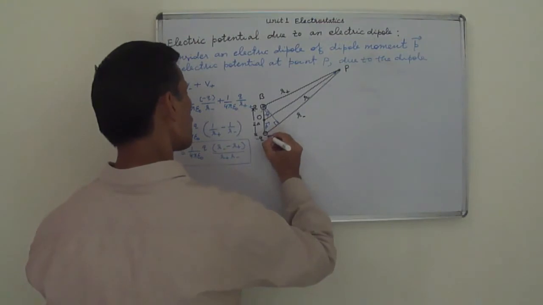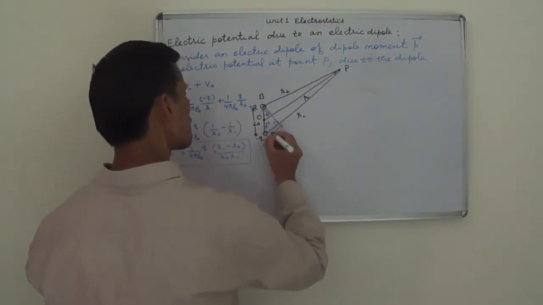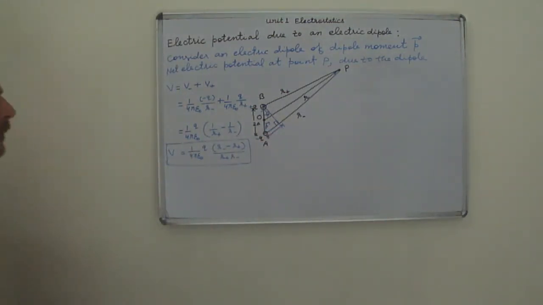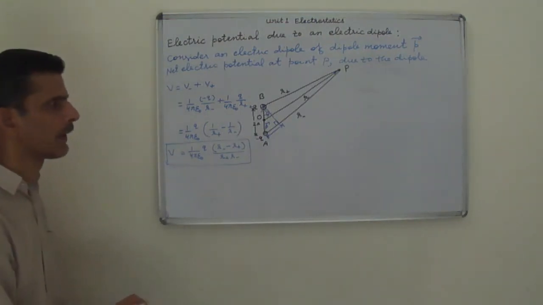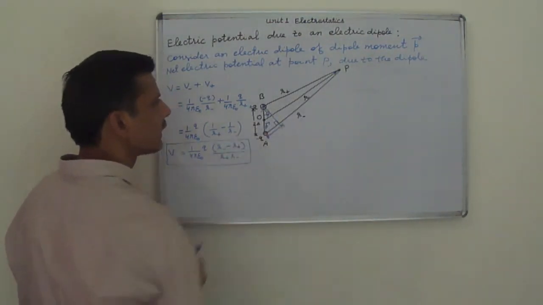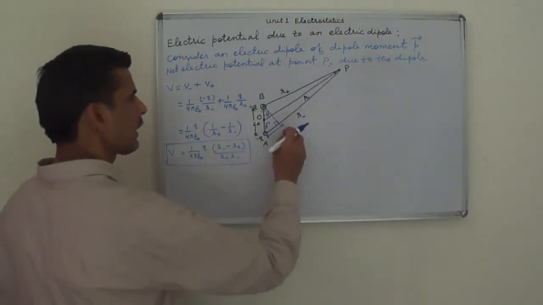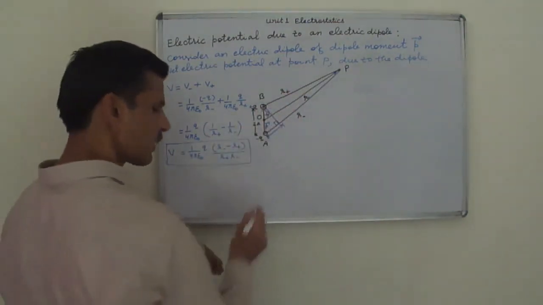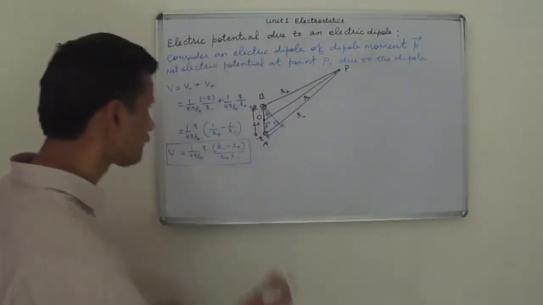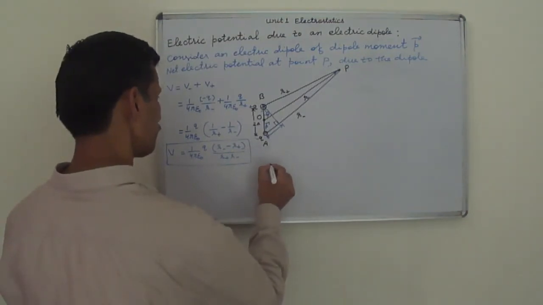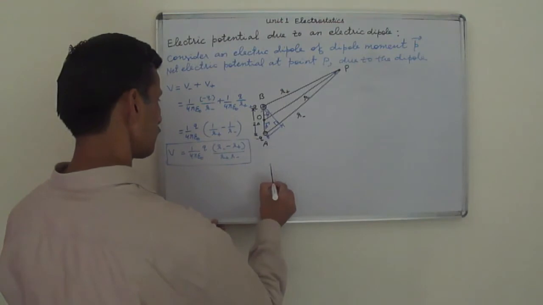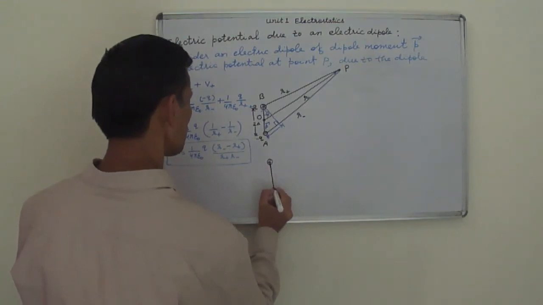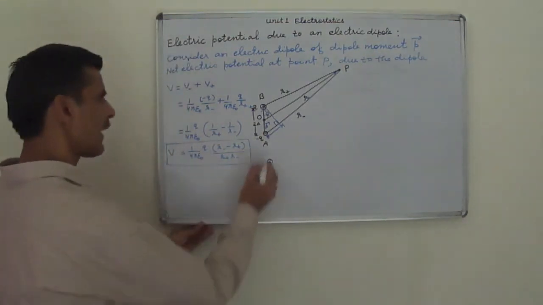Here you can see in this figure, this distance, this is R minus R plus. Here we are making another figure. See, this is dipole.